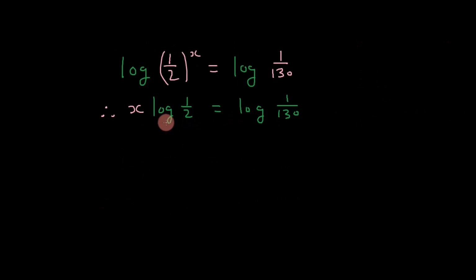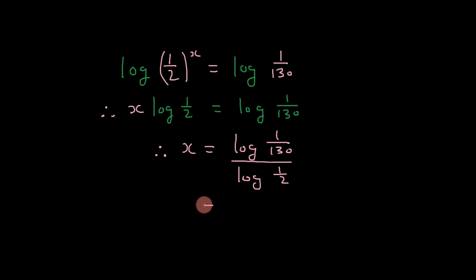Now we divide the log of a half into the right-hand side, and we can solve for x. So x will equal the log of 1 over 130 divided by the log of a half.